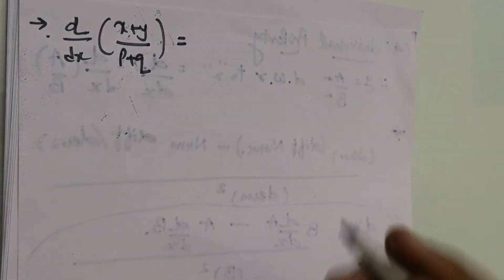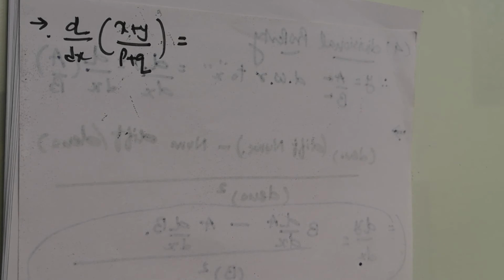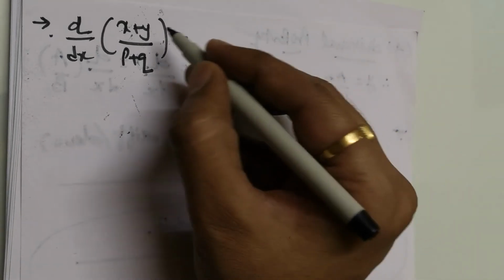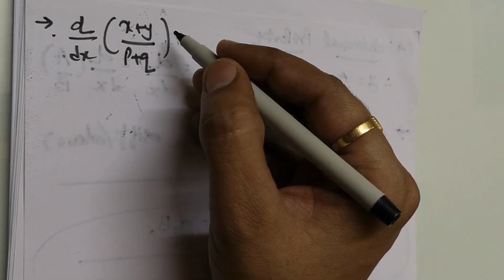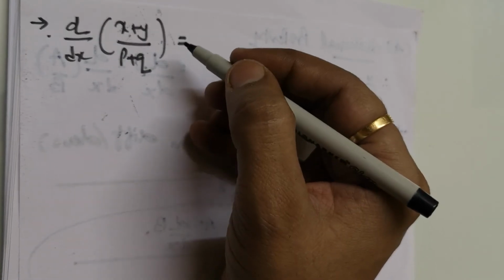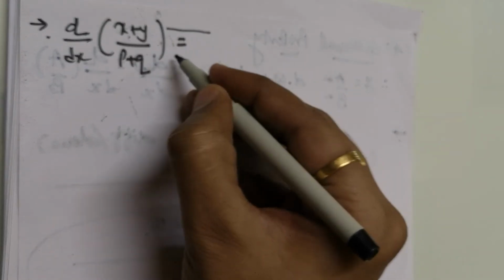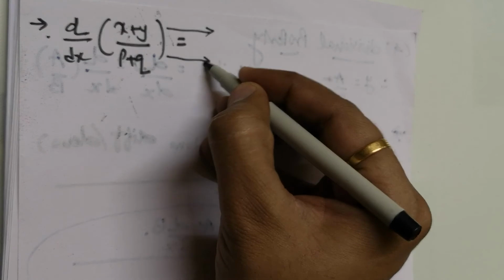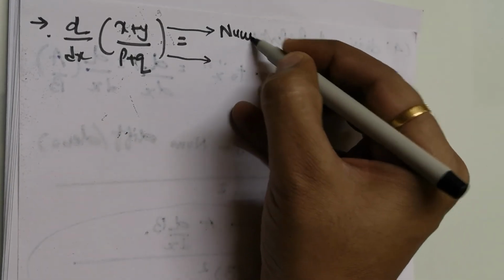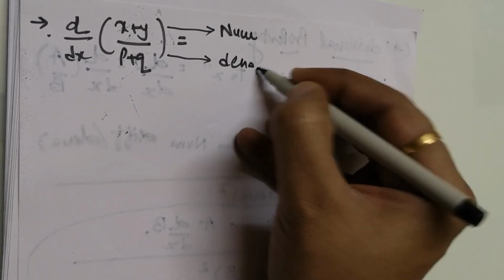I want to differentiate this term. Now you are aware that x plus y is entirely called the numerator, and p plus q is entirely called the denominator.